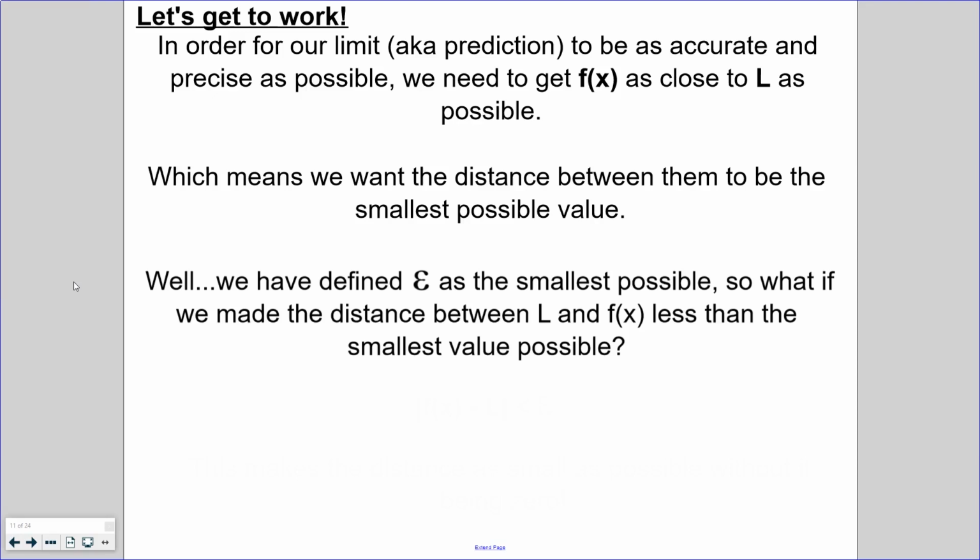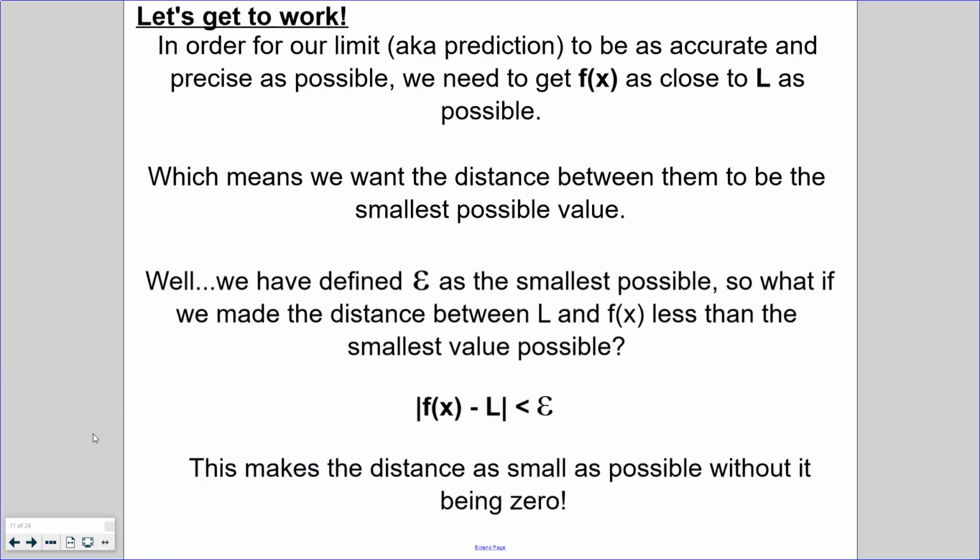Because if something's smaller than the smallest number possible, it's got to be incredibly small. So therefore, what if we take the absolute value of f of x minus L and make it be less than an infinitesimally small number? This would make the distance as small as possible without it being 0. Because remember, we said this distance can't be 0. So we're just going to make it as small as possible by making it smaller than the smallest number ever.